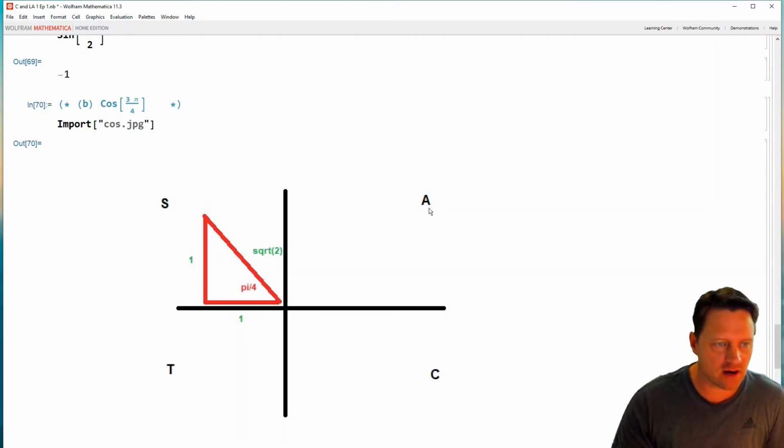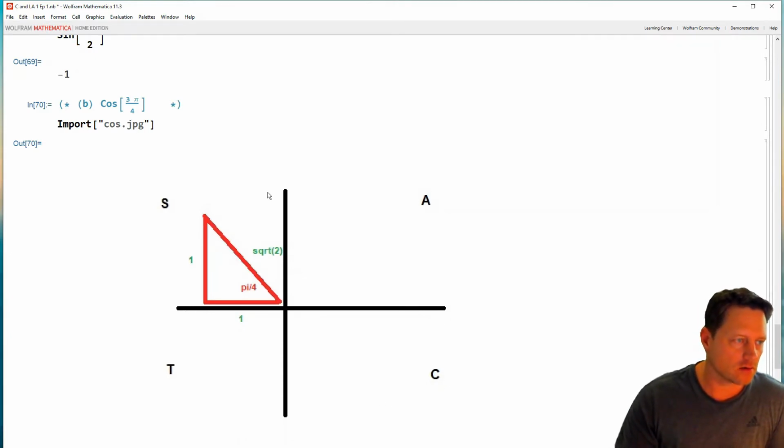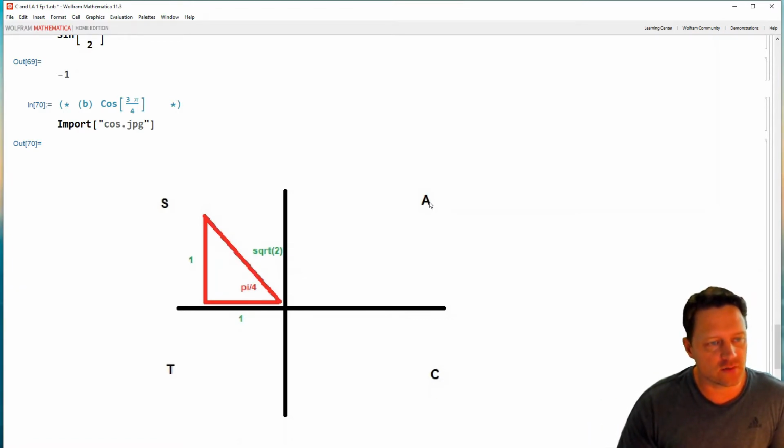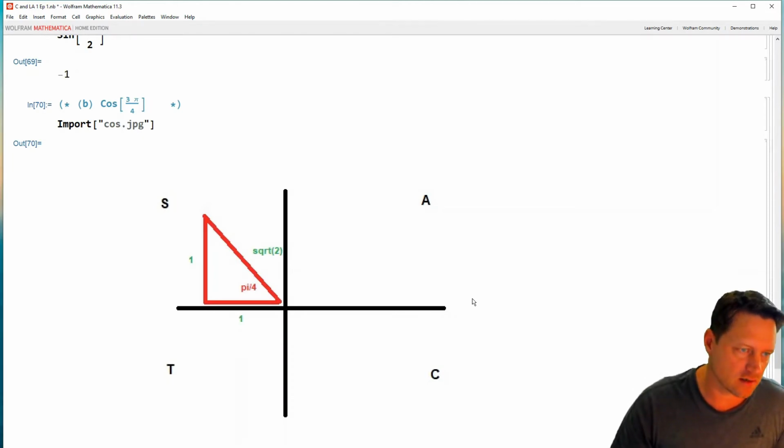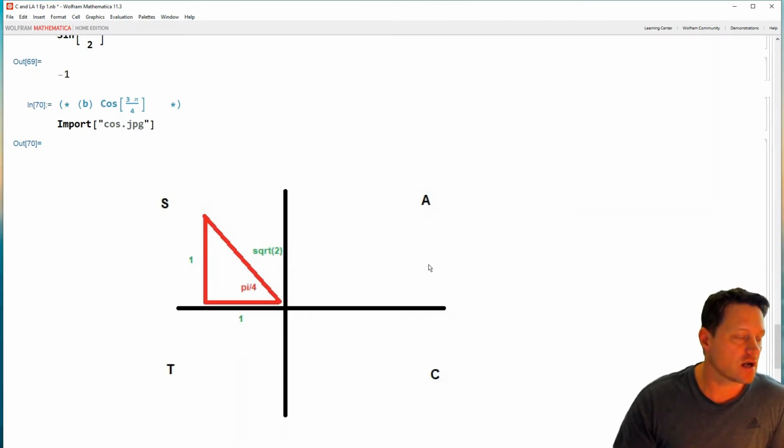Okay, now here I have ASTC, or I like to think of the acronym all stations to central, as in trains, but it really represents all functions, then sine and tan and cos, being positive in those quadrants and the rest negative. So in this quadrant, sine is positive, but cos is negative. So we expect to get something negative here.